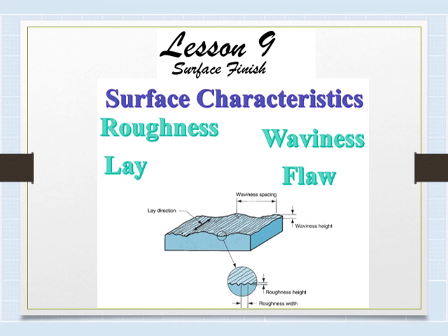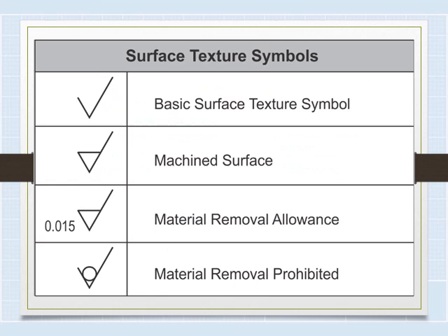In lesson number 9, we learned about surface finish. We had four new terms: roughness, waviness, lay, and flaw. We learned about surface texture symbols: our basic symbol, a machined surface, your material removal allowance, or material removal prohibited.